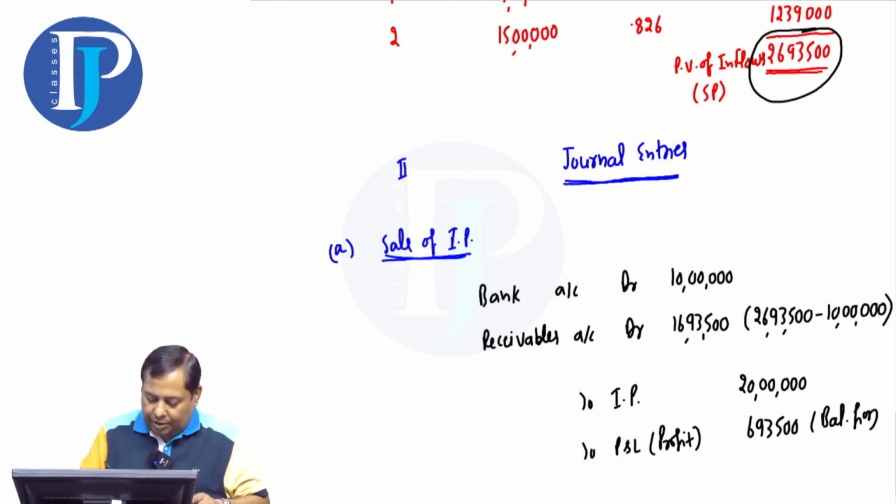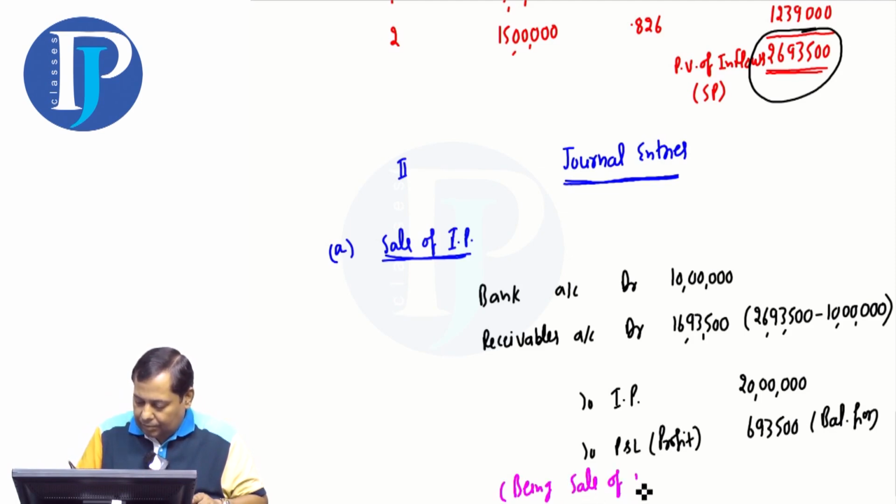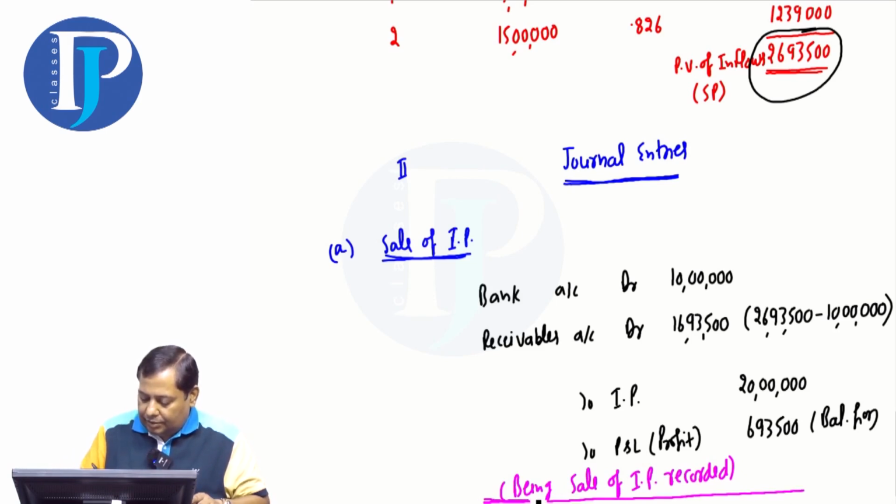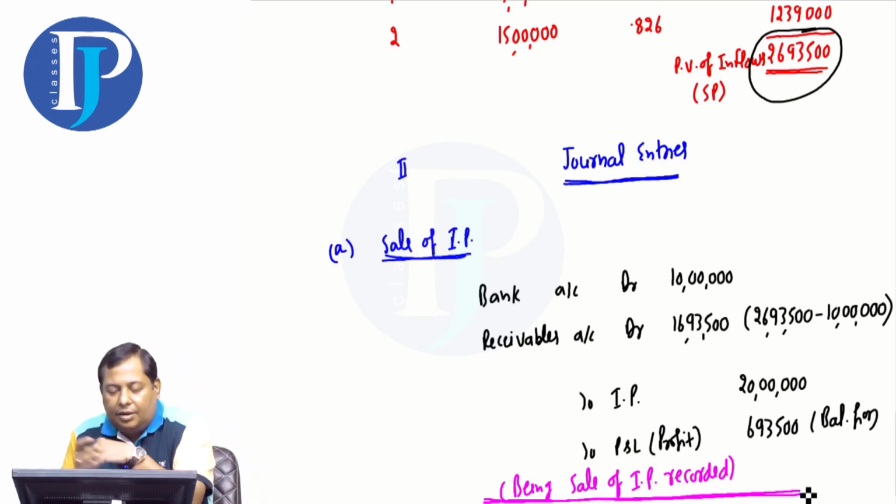And I can write here being sale of IP recorded. I have written this here, and then we booked the sale of the investment property.